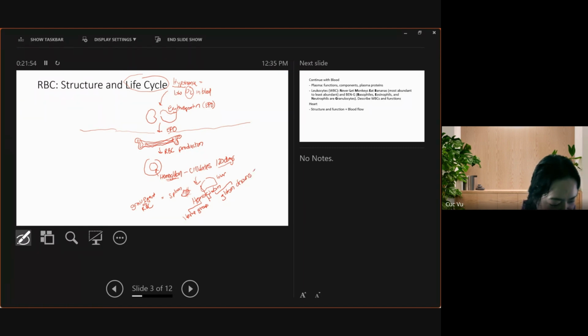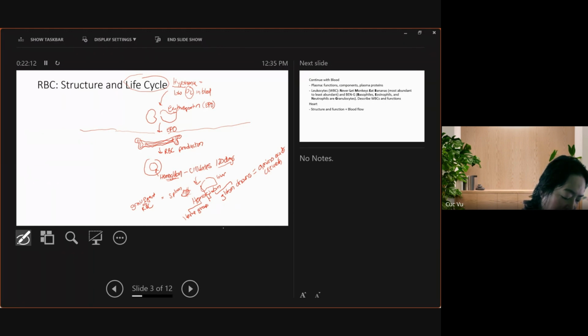The globin chains are essentially just amino acids. They're going to be broken down even further into amino acids, and the amino acids are reused to form other globin chains or other proteins.